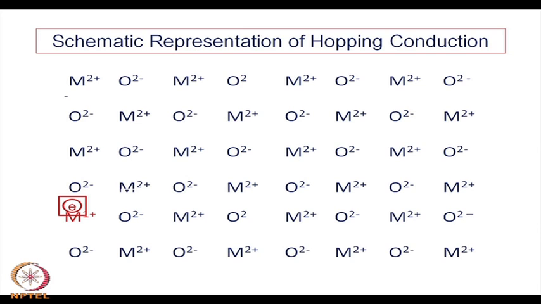We will see what polaron means, but before that, what is the mechanism by which it actually moves? This is an animated view of what exactly happens when an electron, because we have seen even in valency controlled semiconductors or transition metal oxides, the electrons are basically getting attached to one of the cations, and that is how the valency of that cation gets changed.